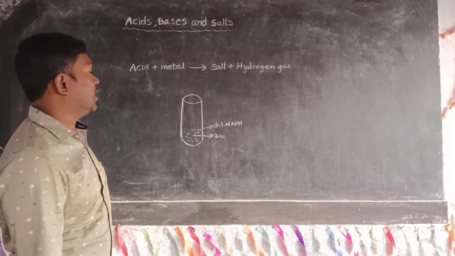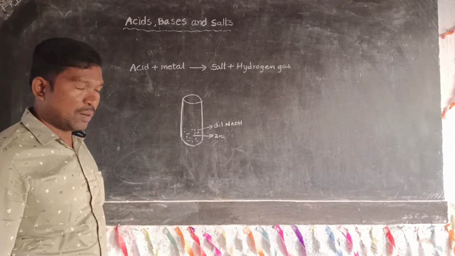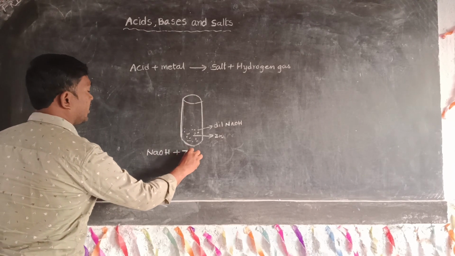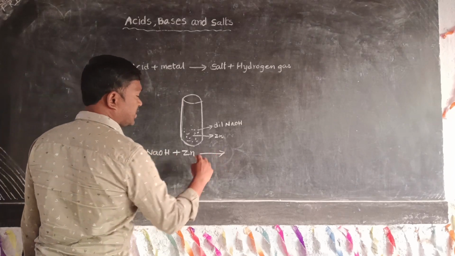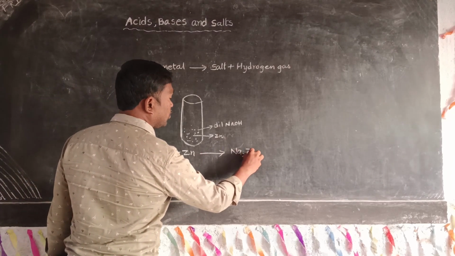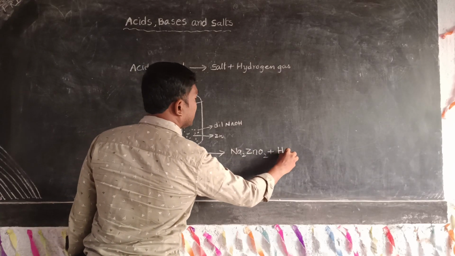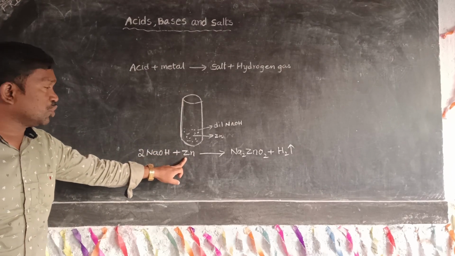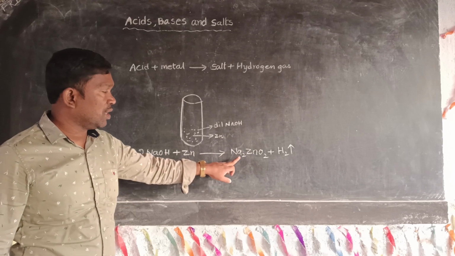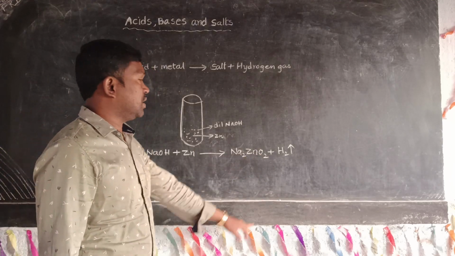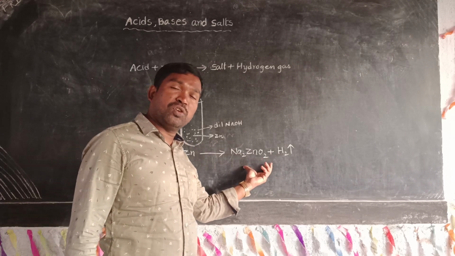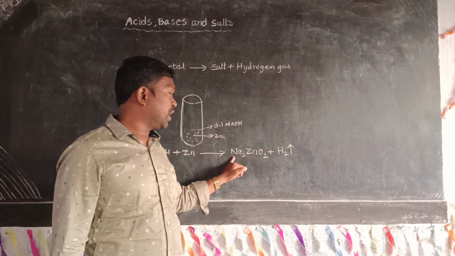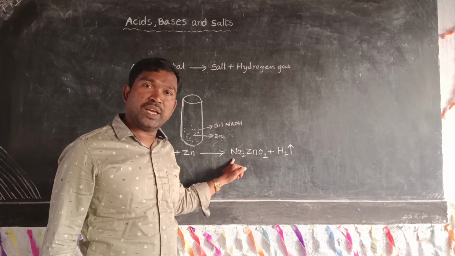We will notice that hydrogen gas is liberated here also. 2NaOH plus Zn gives Na2ZnO2 plus H2 gas. Na2ZnO2 is sodium zincate.